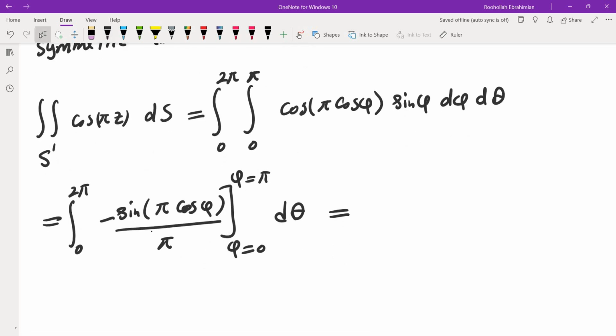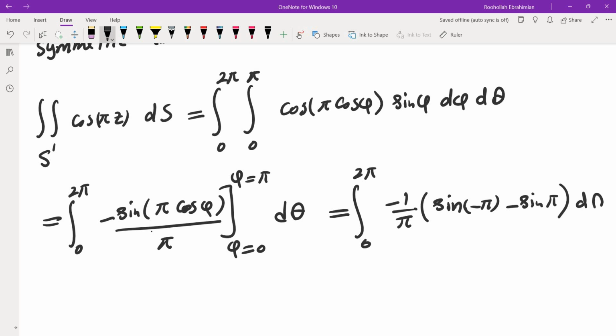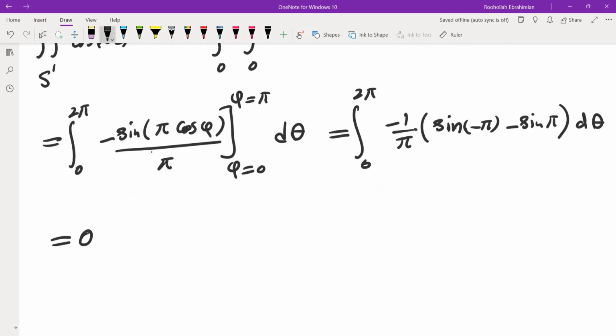Plug in and we will get the integral from 0 to 2 pi of negative 1 over pi times, plug in pi, you get sine of negative pi, plug in 0, you get sine of pi, both of which are 0. So the integral would end up being 0. And that shows that this is an example of a function that is non-zero, but the surface integral of this function over every unit sphere is 0.